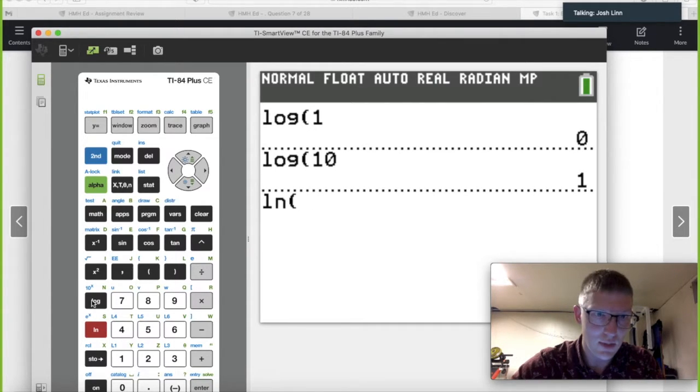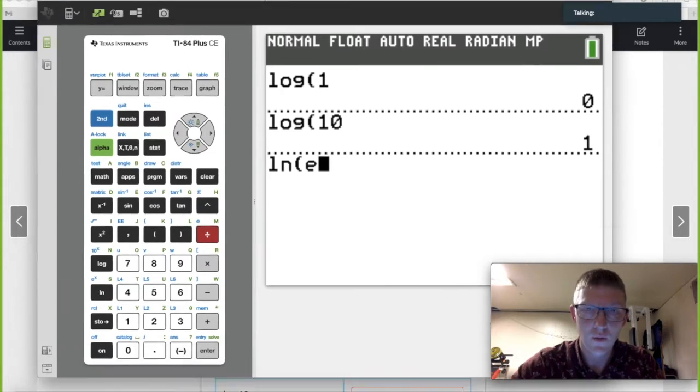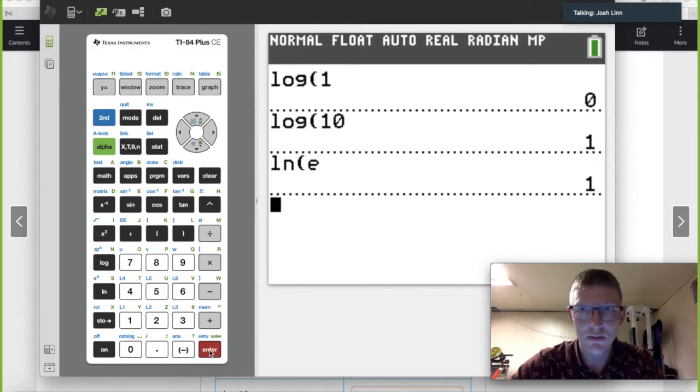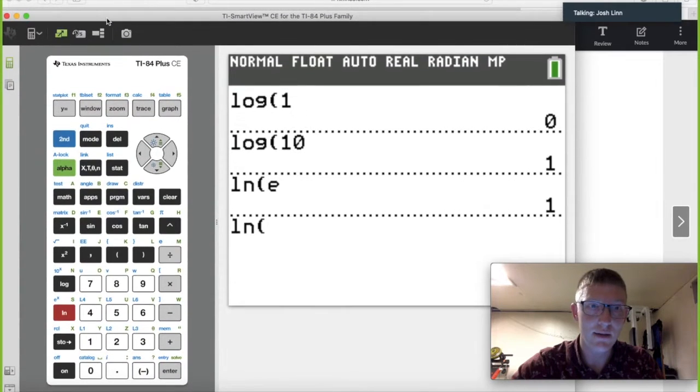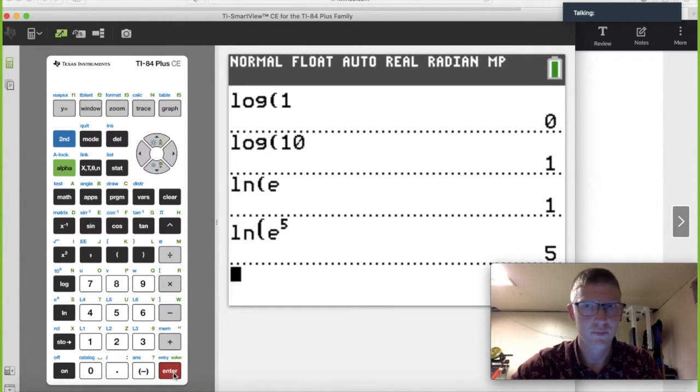Where's my E button? So natural log of e is 1. Natural log of e to the 5. Hopefully you should know this one off the top of your head. Is 5.